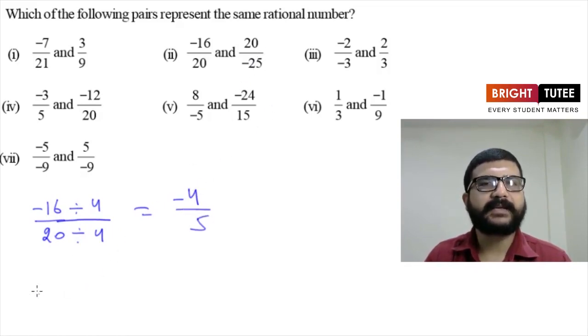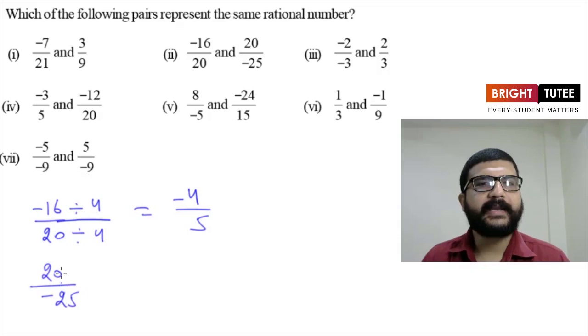Now the second number is 20 upon -25. Here these are the numbers which are divisible by 5. So let's divide them by -5 to make the denominator positive, because in standard form we have a positive integer denominator. So we are going to divide it by minus 5, and minus 25 is also divided by minus 5.